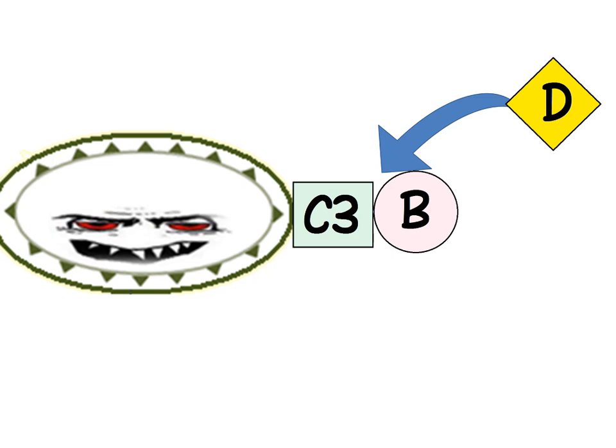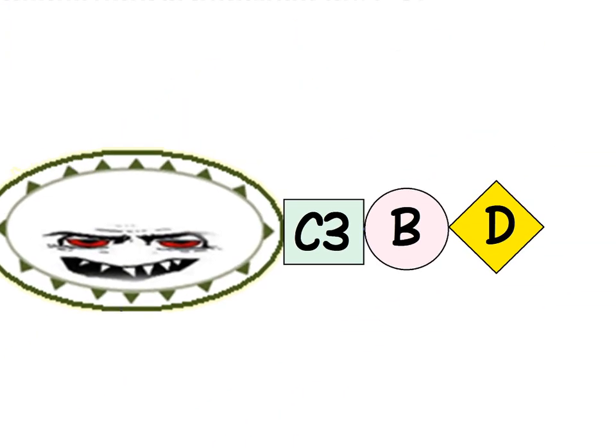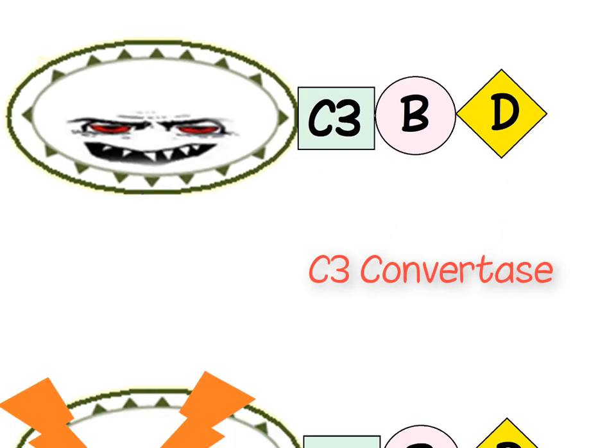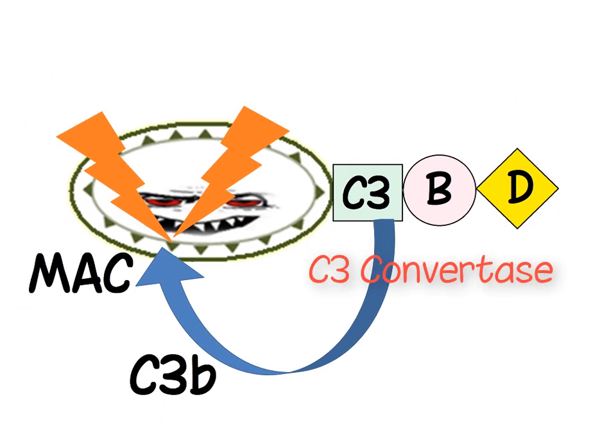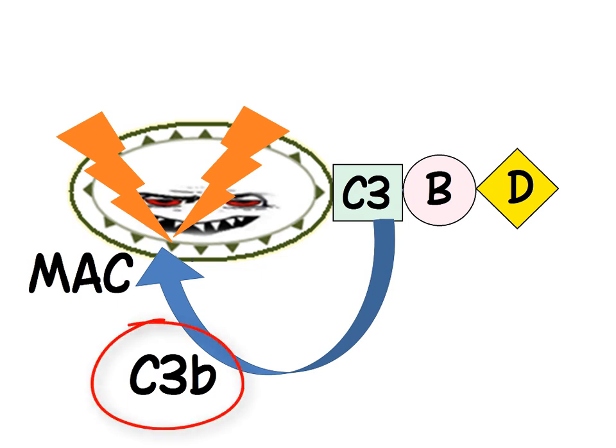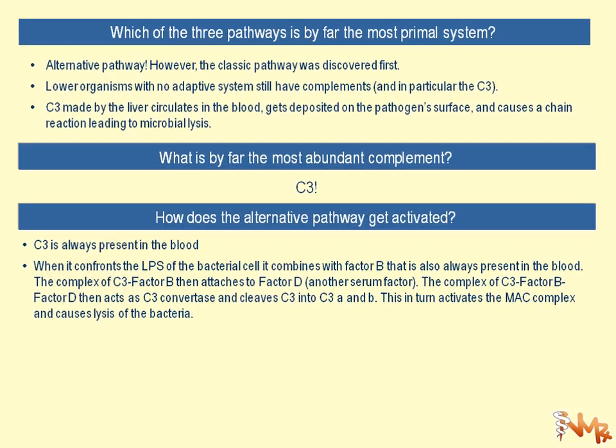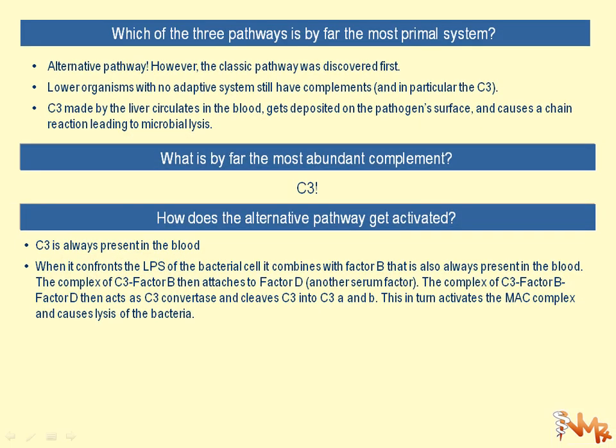Now the complex of C3, factor B, and factor D then acts as a C3 convertase, or if you wish, C3 stimulator, and cleaves C3 into these two important fragments, fragment A and B. This in turn, and in particular, as you can tell, fragment B is the one that plays the role, activates the MAC complex, and MAC complex causes lysis of the bacteria.